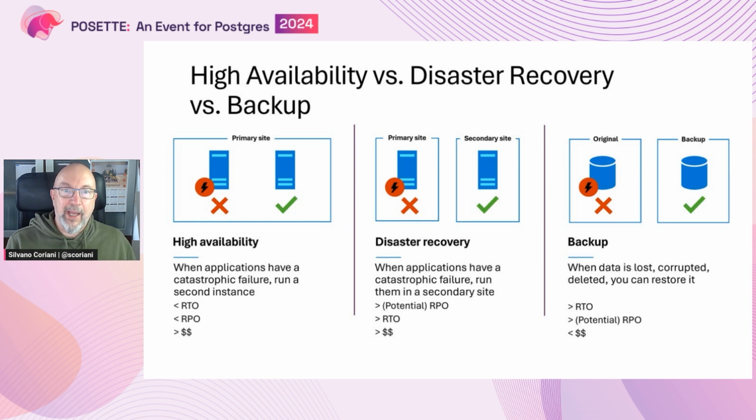So in this setup, we are actually increasing RPO and RTO and still have a pretty expensive setup because typically this is paired with the high availability on the local site that we were referring to.